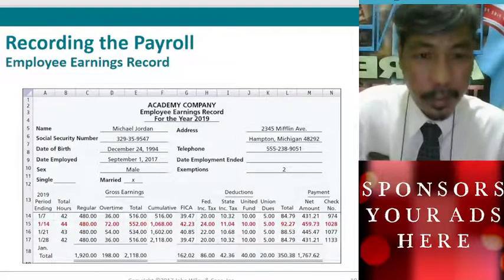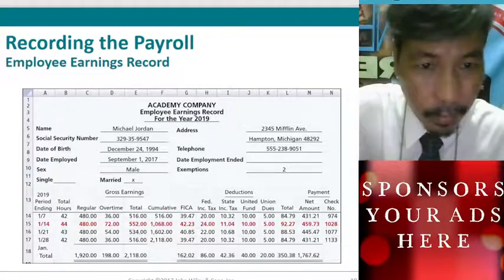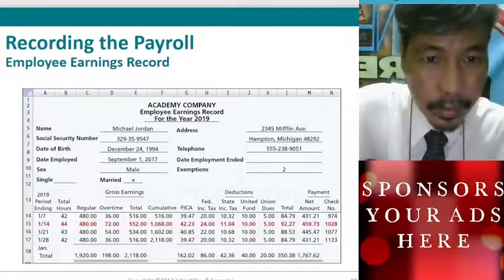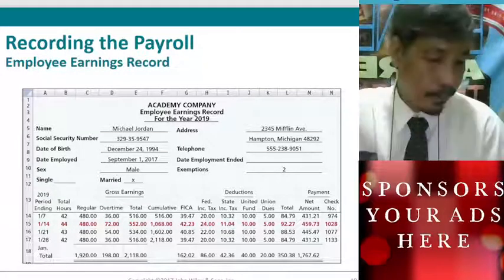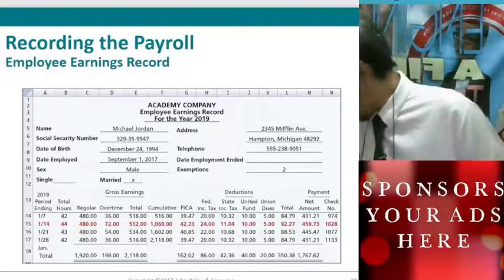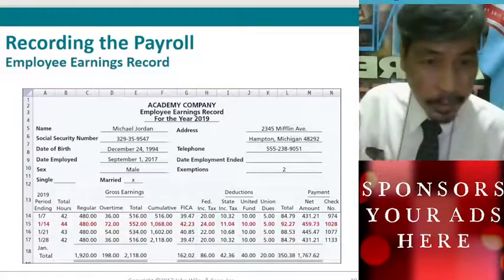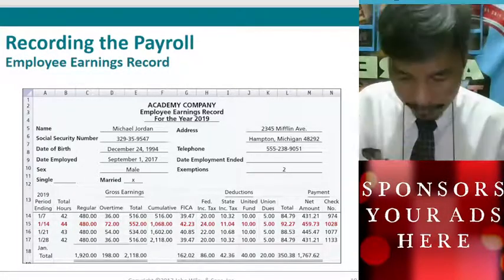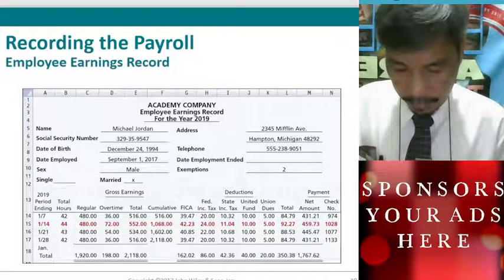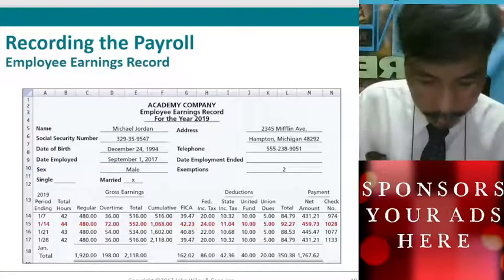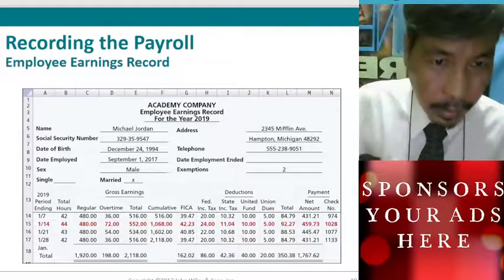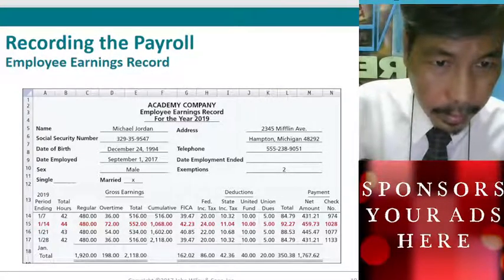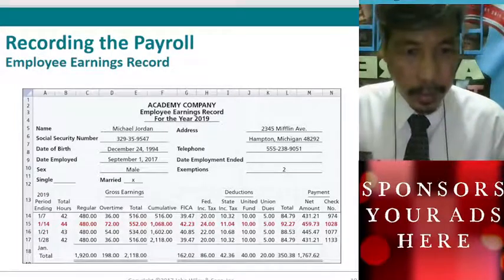Now we can say that FICA is the one having the highest amount of deduction. Then next is federal, and then next is state, and then some others.